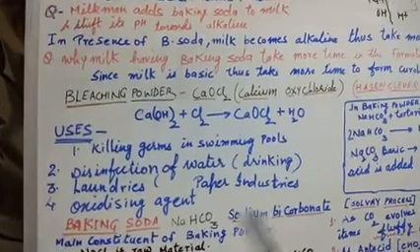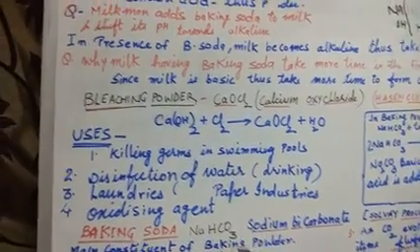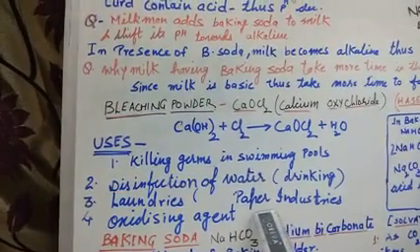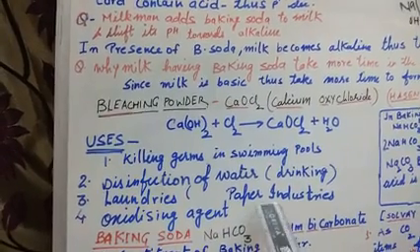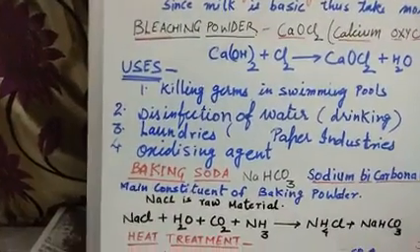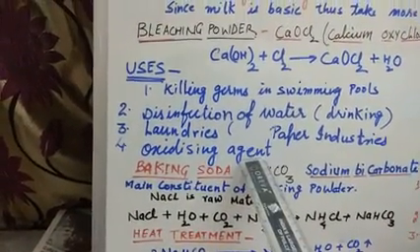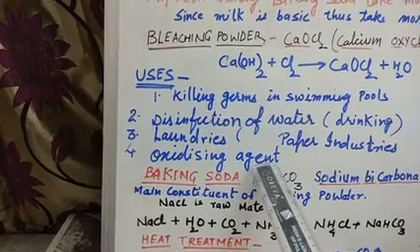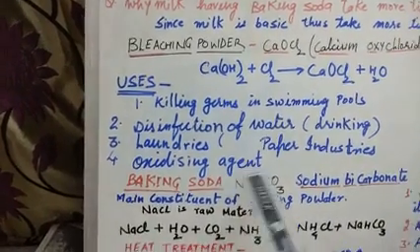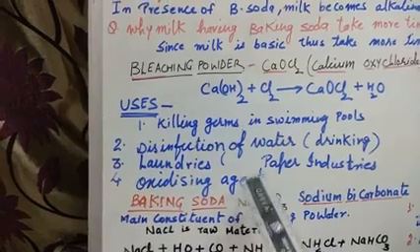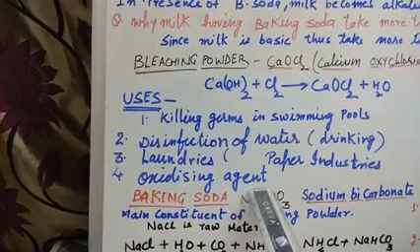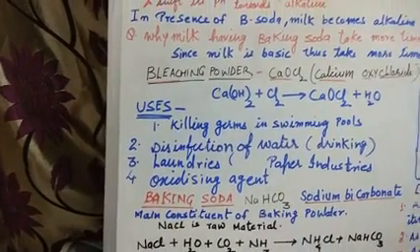Okay, so to give extra whitening effect, this bleaching powder is used in laundries, and to fade the color of paper also, in the paper industry, this bleaching powder can be used. This bleaching powder can be used as an oxidizing agent also, students. Oxidizing agent, remember students, we have done that any substance which provides oxygen is an oxidizing agent. Bleaching powder can also act like an oxidizing agent. So in this way we have done this bleaching powder.